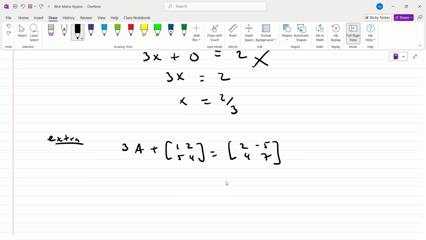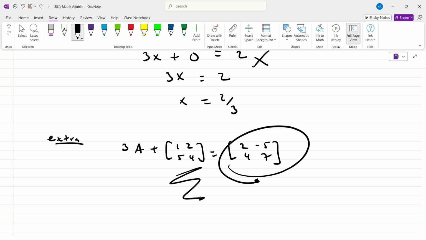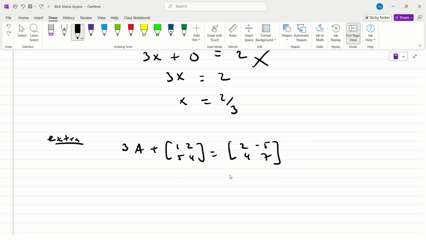To get things started, you can consider how you would get rid of that guy. Well, there's a matrix that you can add to both sides to get rid of that element, right? The matrix -1, -2, -5, 4. But instead of taking time and actually writing out those details on both sides, I'm just going to take this matrix and subtract that matrix, and whatever I get, I'll write down on the right-hand side.